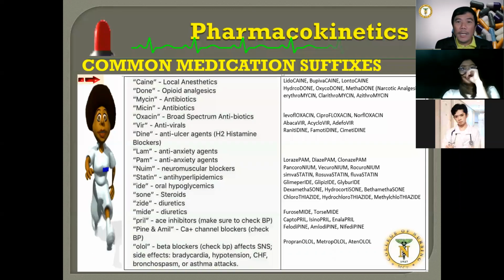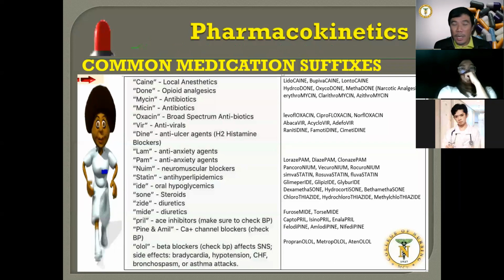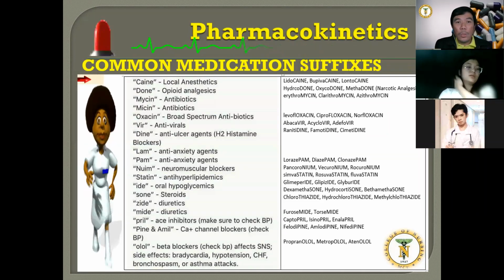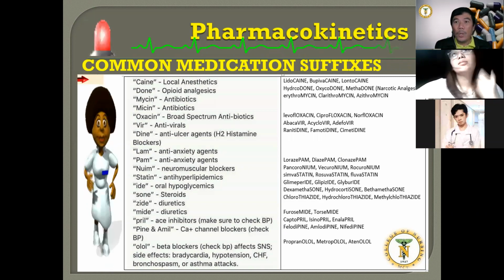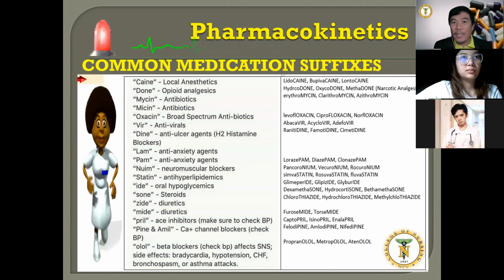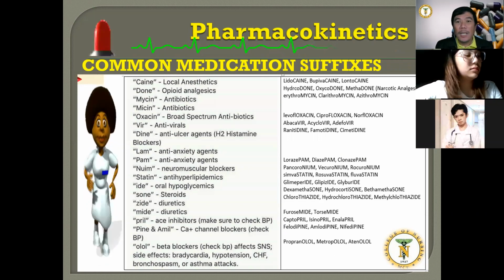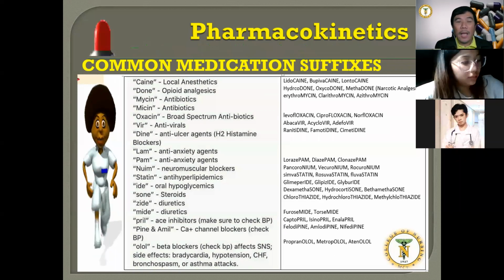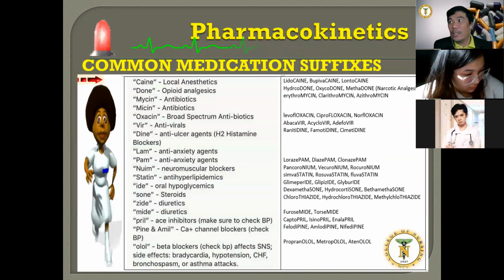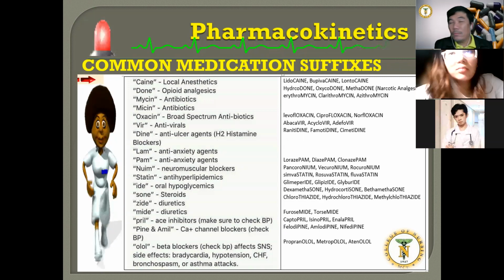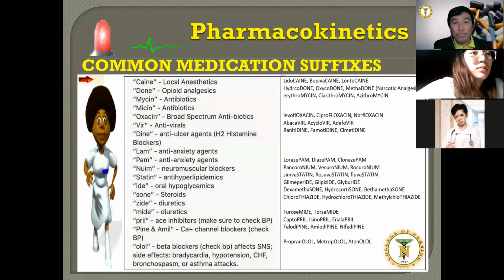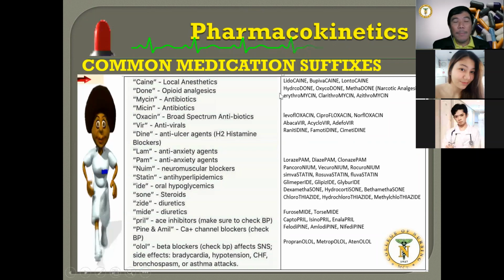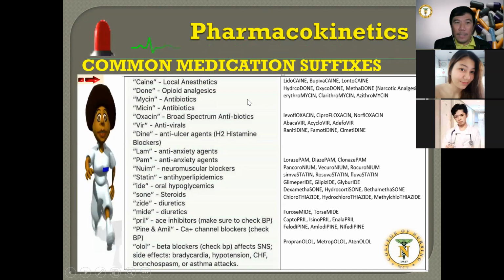Actually, class, opioid and narcotic analgesics such as drugs ending in done are also prescribed by physicians with an S2 license, because they are regulated drugs. These are drugs that may affect specifically the consciousness of the client, and this may also cause fatality to the client if taken in a higher amount or volume.